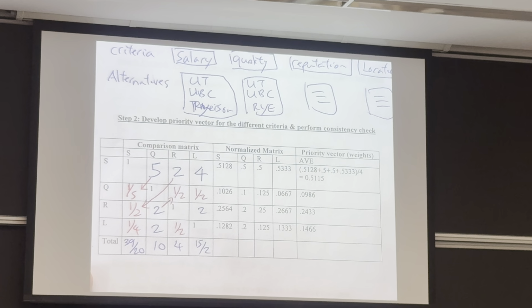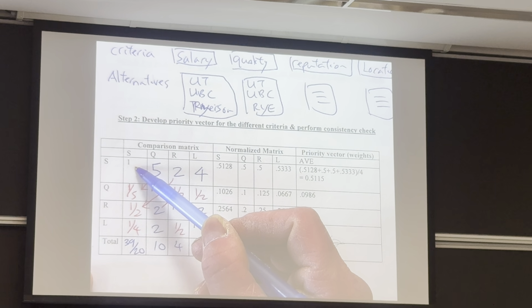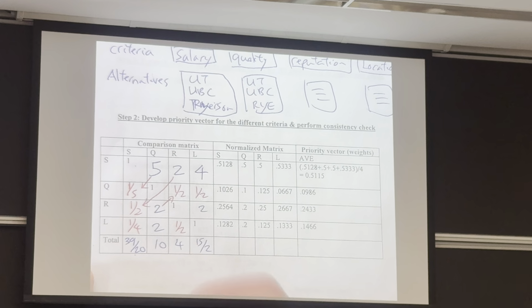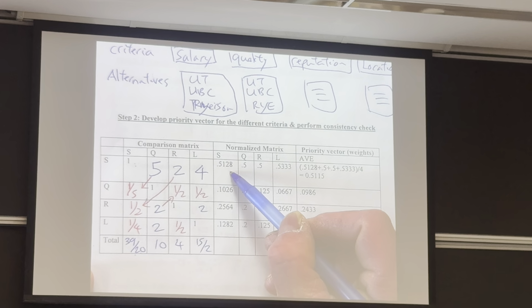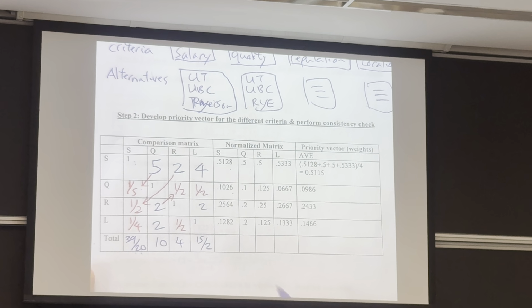Normalize the matrix. And to normalize the matrix, basically we take each cell and divide by their respective total, right? So if you take 1 divided by 39 over 20, then you get that. And you take 1/5 divided by 39 over 20, then you get that, okay?